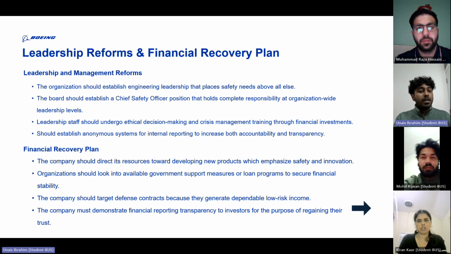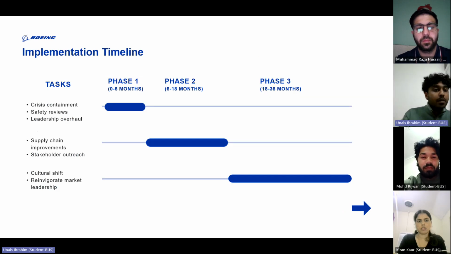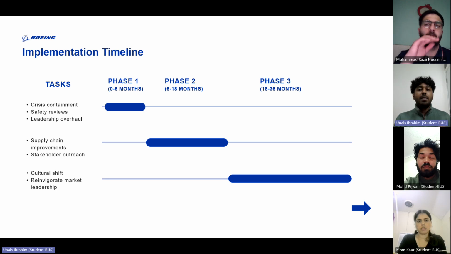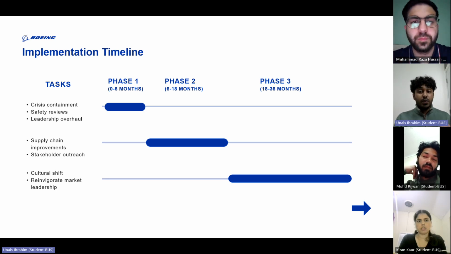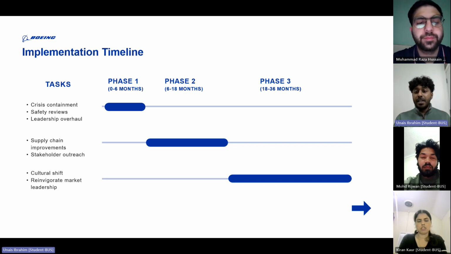And moving to the next slide, here I'm going to speak about the implementation timeline. As we move forward with these strategies, it's crucial to establish a clear timeline for their execution. In the short term, 0 to 6 months, our primary focus will be on crisis containment, conducting safety reviews, and initiating leadership changes to restore confidence within the organization.